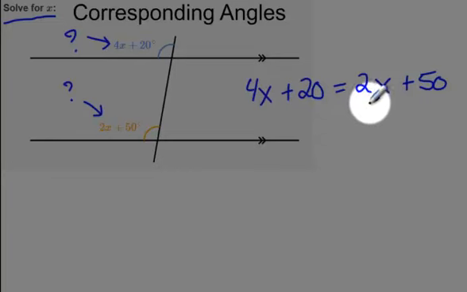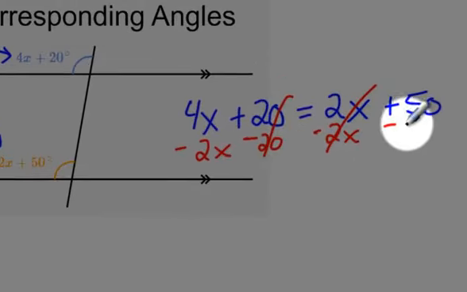So let's do that. I usually like bringing the x's over to the left side and bringing the regular numbers over to the right side. So I'm going to subtract 2x from both sides. That gets rid of it there. Do it to this side too. And I'm going to do 2 steps at once just because I'm kind of trying to rush through here. I'm going to subtract 20 from this side, which gets rid of it there, and subtract 20 from this side.